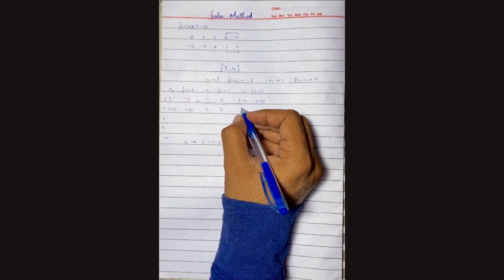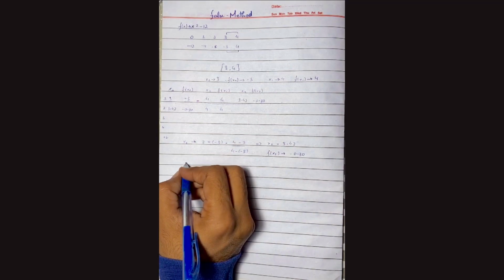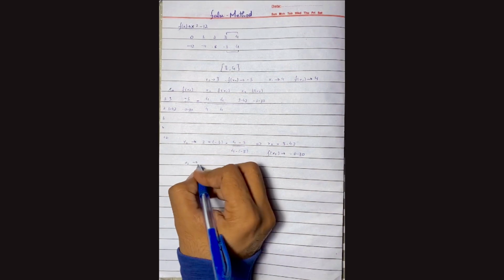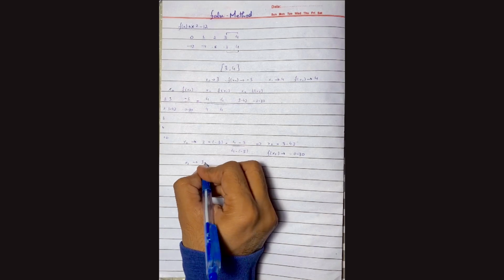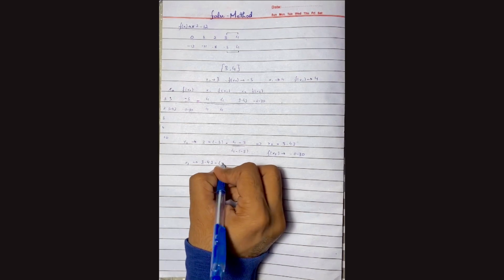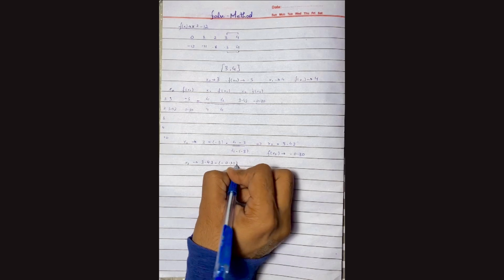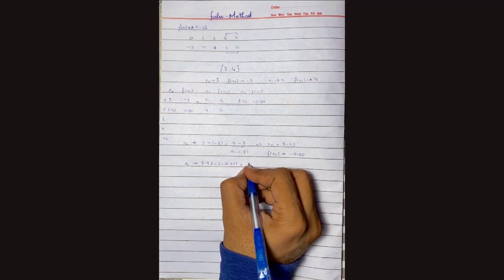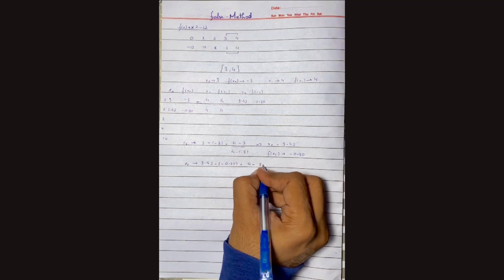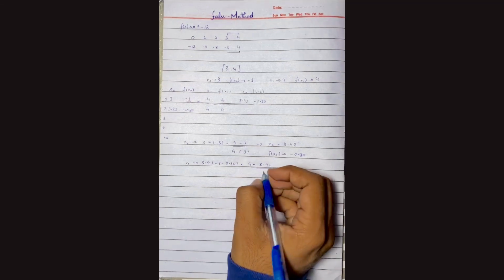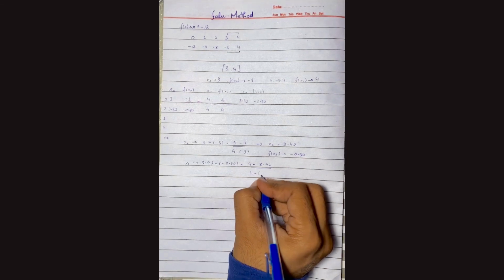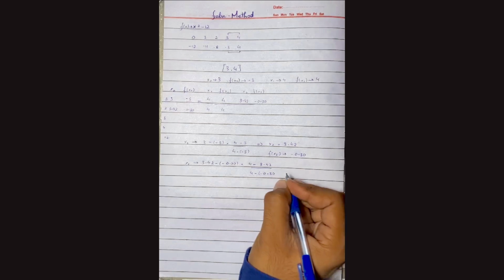Now this working will be again for x2. Here we change our x naught, which will be 3.42, minus minus 0.30 multiplied by 4 minus 3.42 divided by 4 minus minus 0.30.